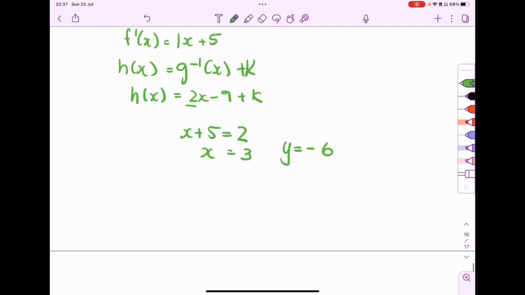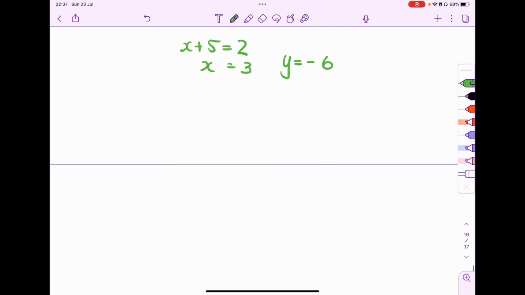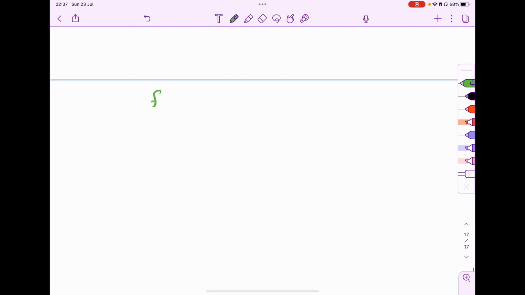Now there is another way of doing it, is that we find the discriminant. So we first say that f of x is equal to h of x.